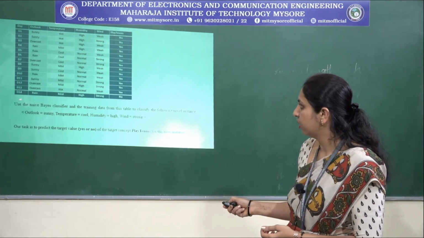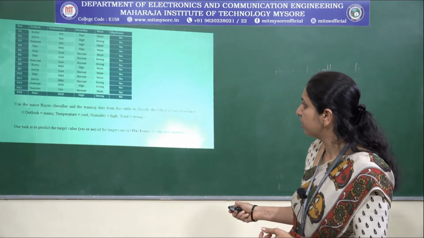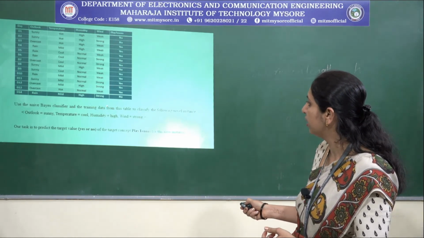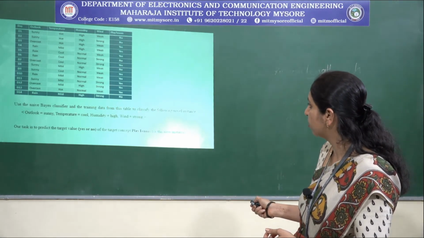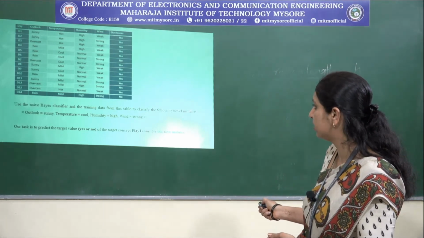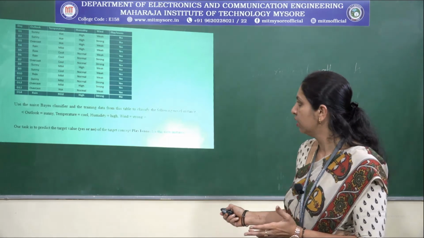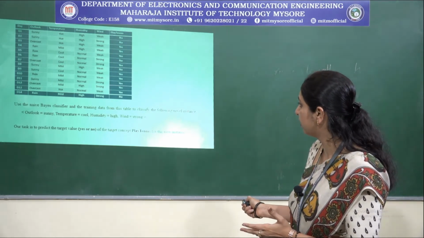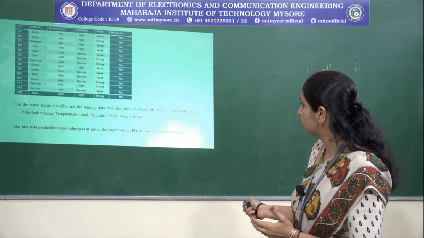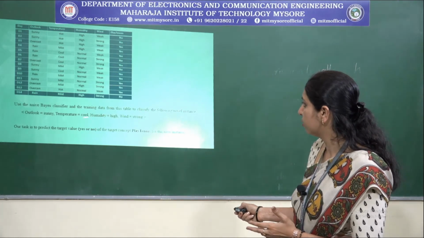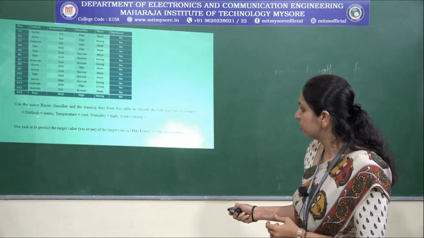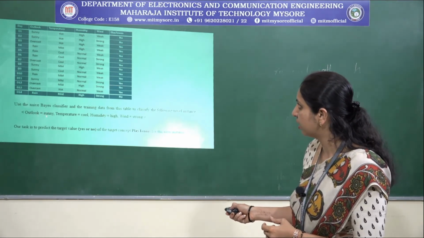Now let us use the naive Bayes classifier and the training data from this table to classify the following novel instance. A novel instance is a new instance. Let us see how we can classify this sample.